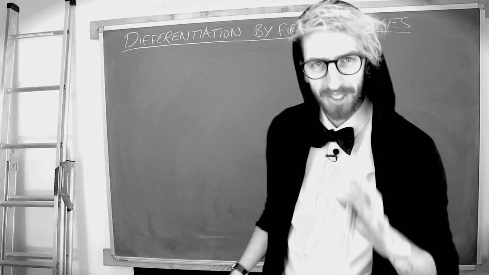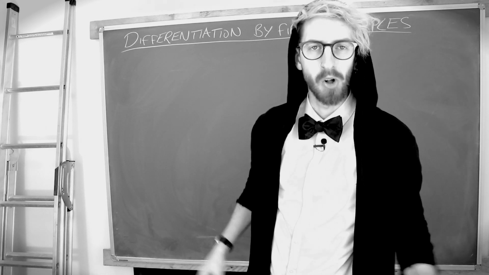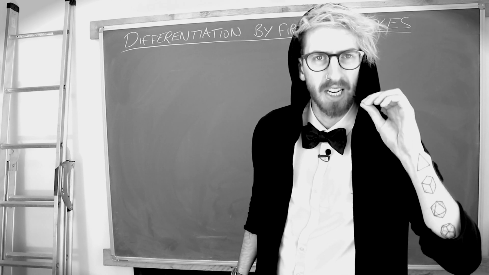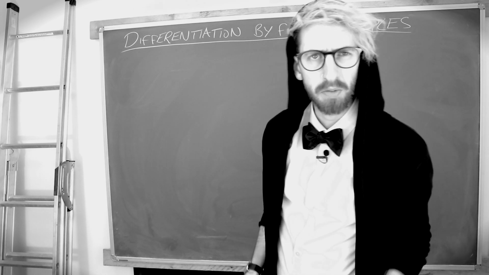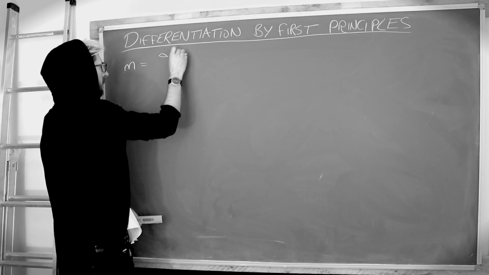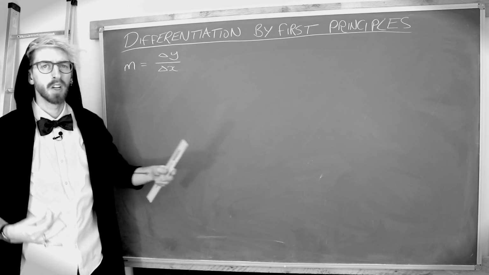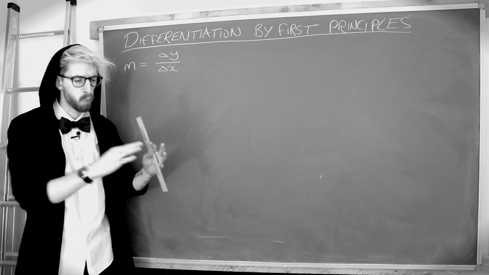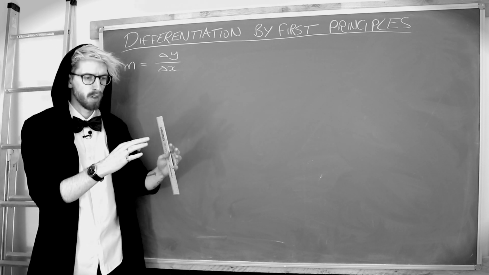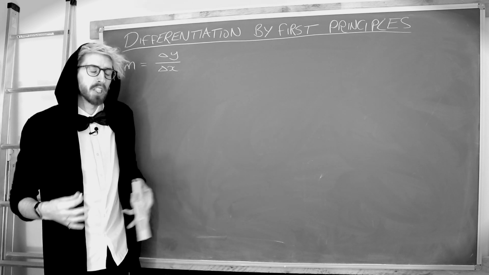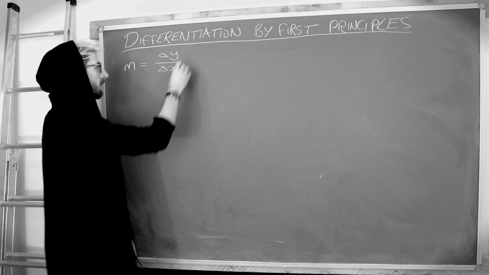Right, to get started, we're going to think of our old school definition of gradient: change in y over change in x. Let's just write that down. M equals delta y over delta x. Specifically, we're going from one coordinate to another and seeing how it changes in between the two.